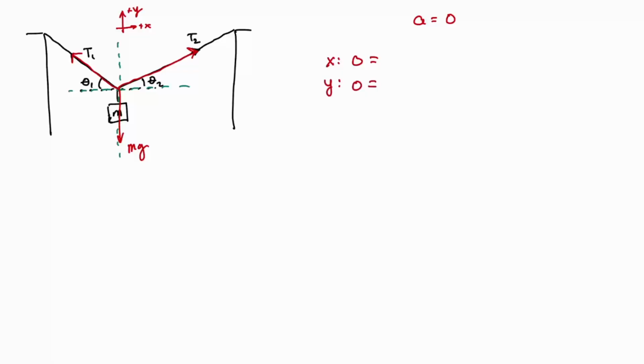So what direction are the components for T1? Which way does T1 point? Up and to the left. So that's the answer for your components. If T1 points up and to the left, your two components have to point up and left.